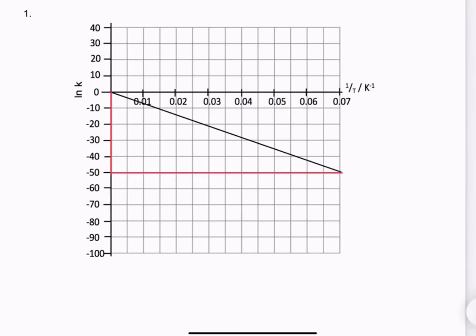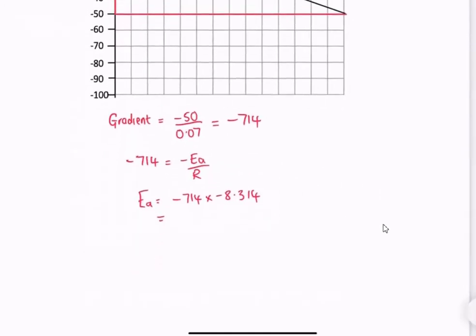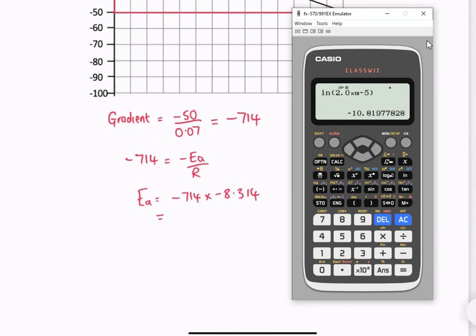So we can work out our gradient. Remember that we work out our gradient and then we times our gradient by minus R, and that's going to give us our activation energy. So you can type that into your calculator and see what number you get.